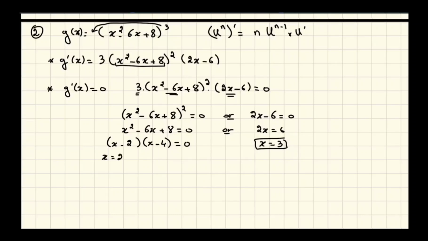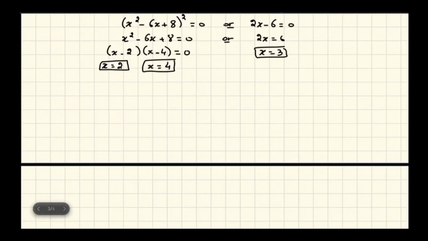So either x is equal to 2 or x equals 4. So in this case we have 3 stationary values. Let's check what will happen. So now we do our table operations, g prime of x, g of x.